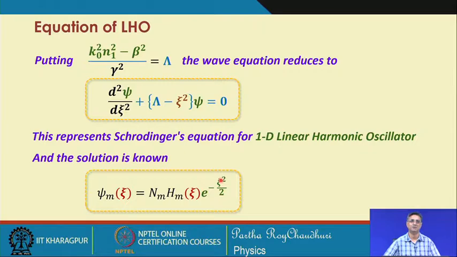Xi is the representative for x. So, this is a Gaussian function, and this is a Hermite polynomial. So, the wave functions are Hermite Gauss functions with the normalization constant N_m.